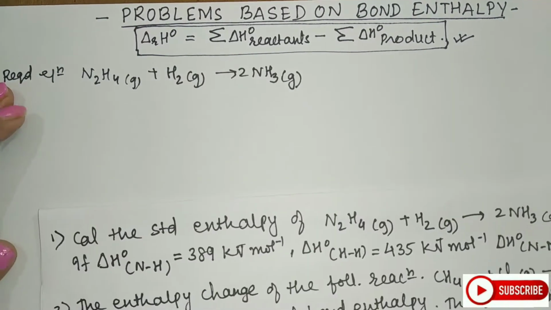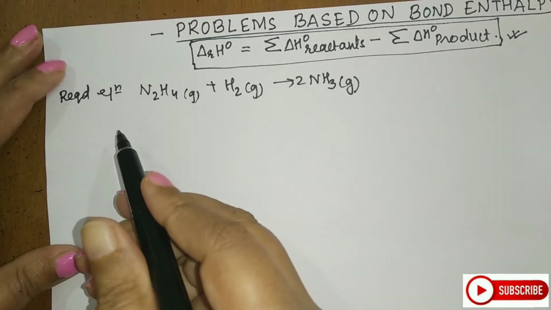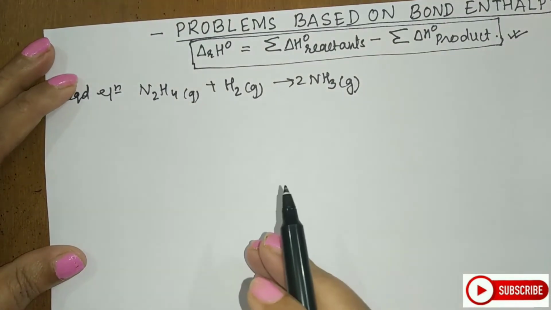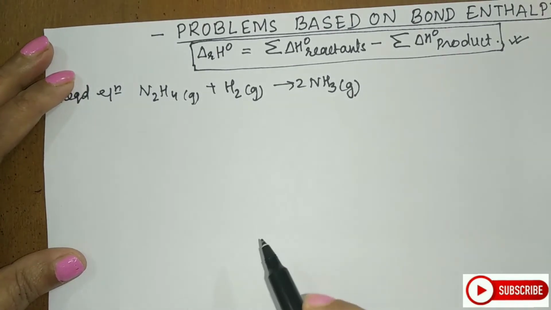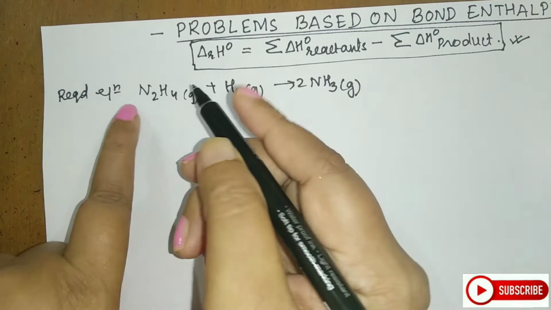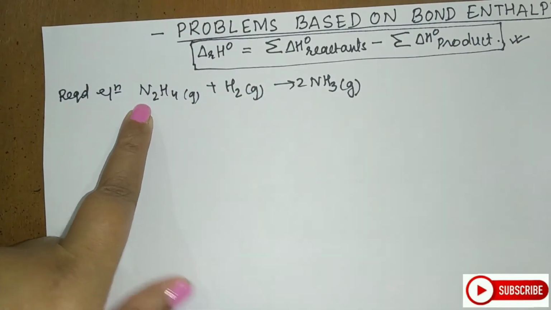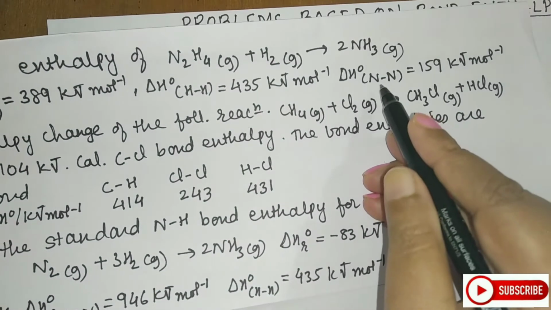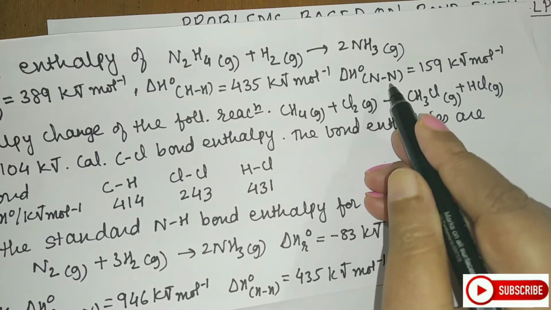Now students, the second step after writing the required equation is to form the structural representation for the equation. So how will I write this? Here there is nitrogen, but from the data I can conclude that there is a nitrogen to nitrogen single bond.